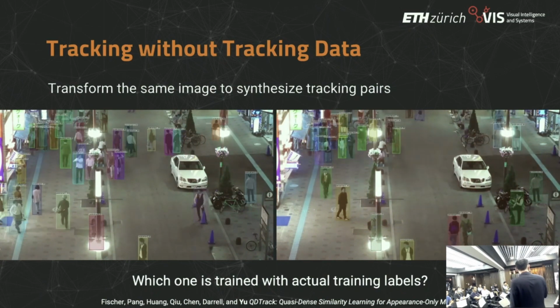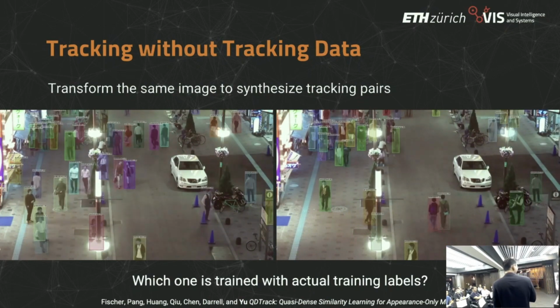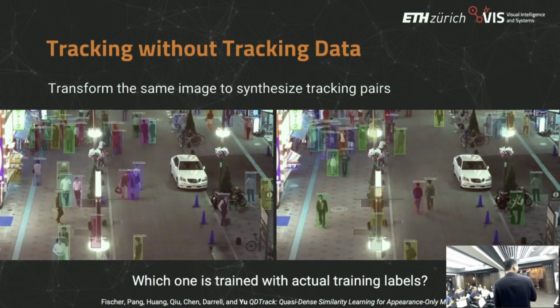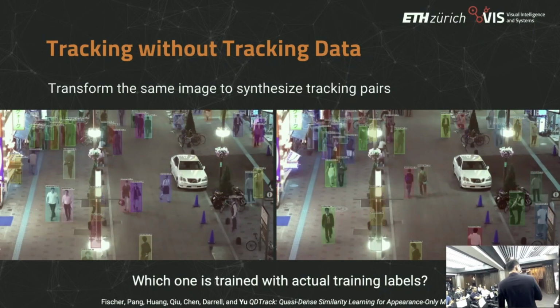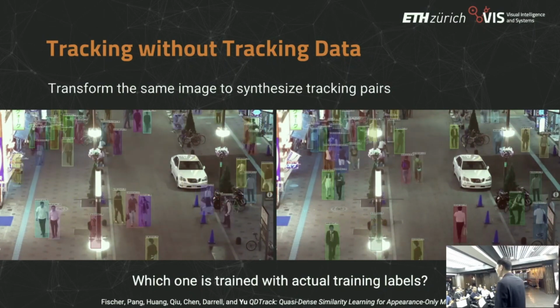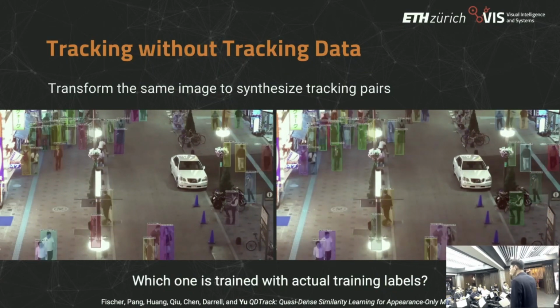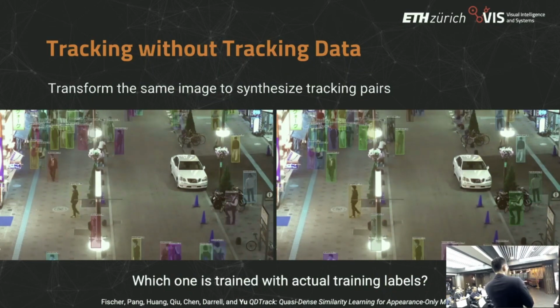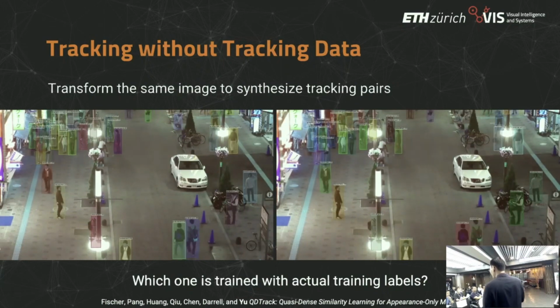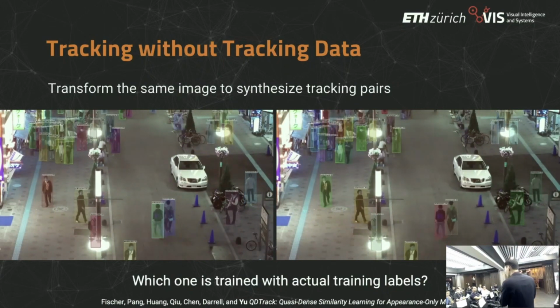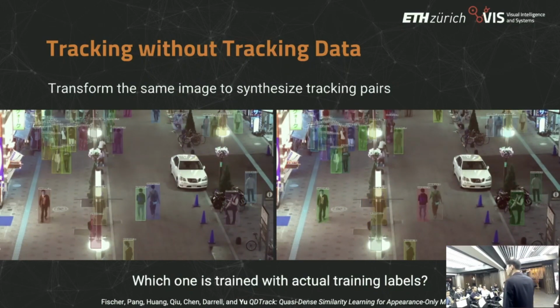Is that image similarity? Yeah, it's similarity. That's still similarity based? Yeah. Okay, thanks. Yeah, both of them are only using similarity, but one is trained with object tracking labels, the other is trained with synthetic labels.